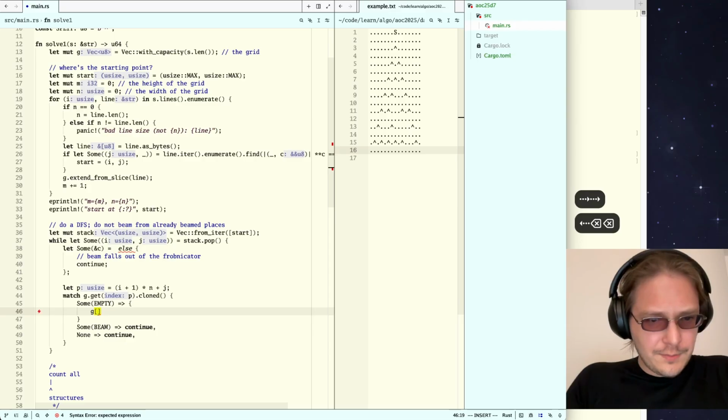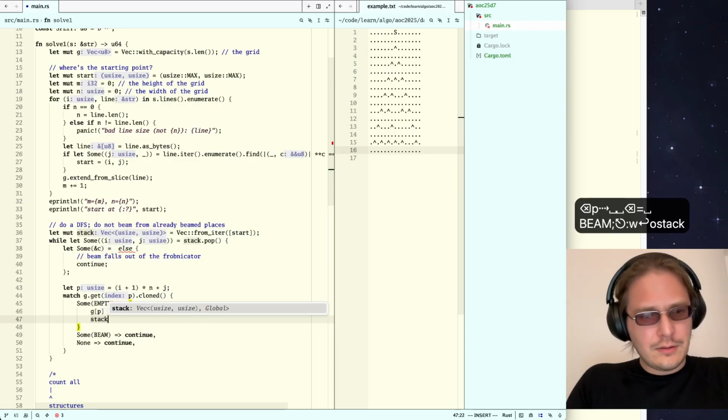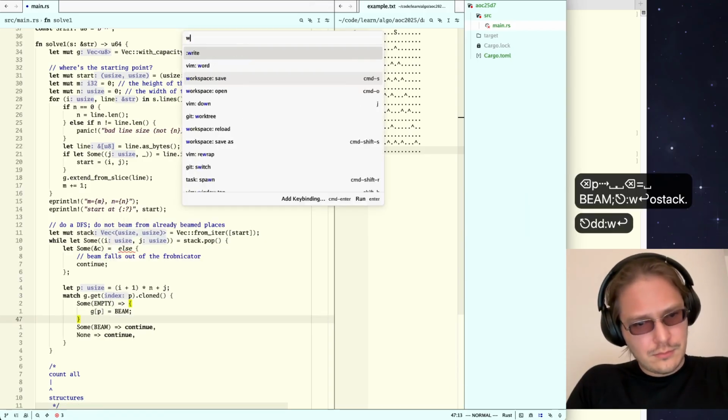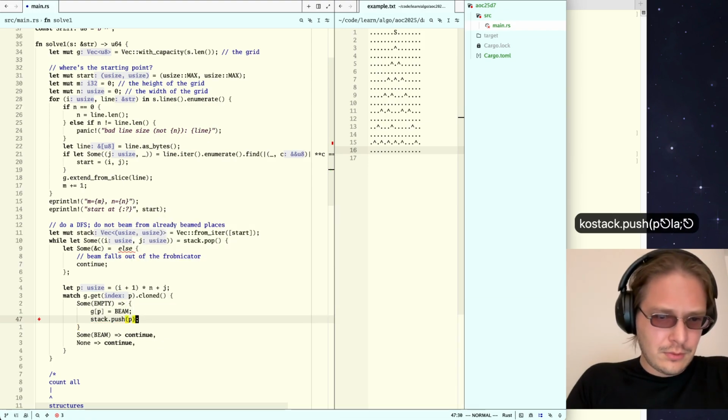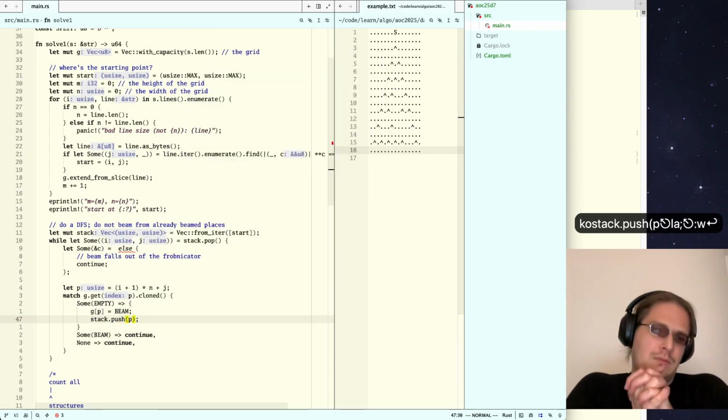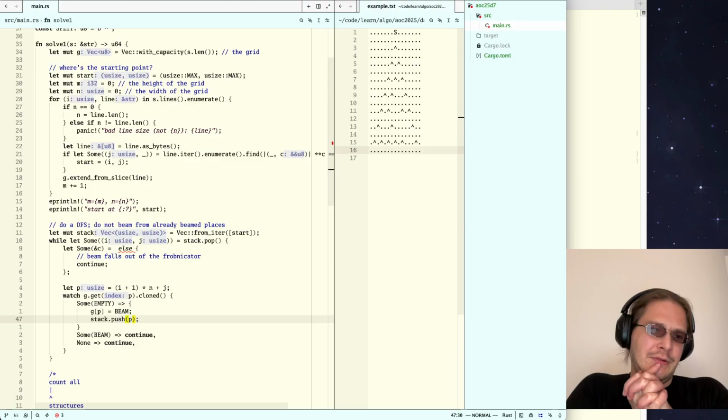So grid at P becomes a beam, and stack push P. Does that make sense?